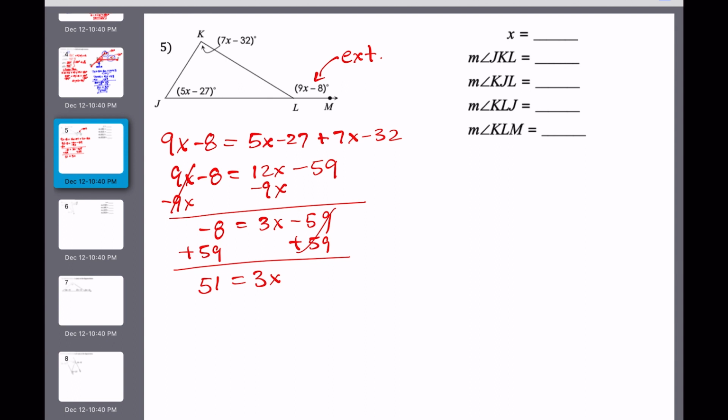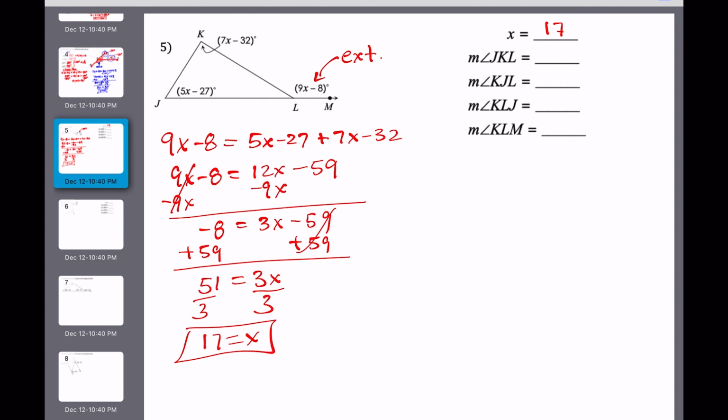And now when we divide 51 by 3, we get x is 17. And when you go back and plug 17 in for each of the variables, for each of the angles, you'll get their measurements.